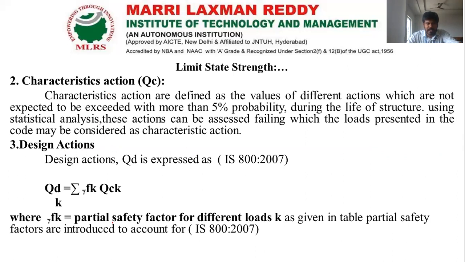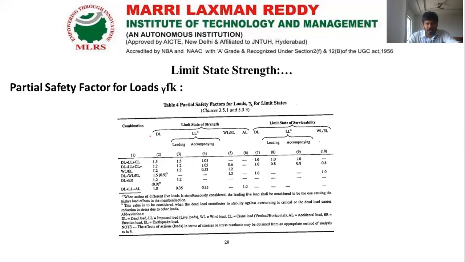For design actions, we can give partial safety factors for different loads for the different load combinations. Here, on page number 29 of IS 800-2007, we have the partial safety factors for loads, for limit state of strength as well as limit state of serviceability requirements, for the load combinations of dead load, live load, and CL. Okay, now combination of loads. Based on that, we can have the partial safety factors.